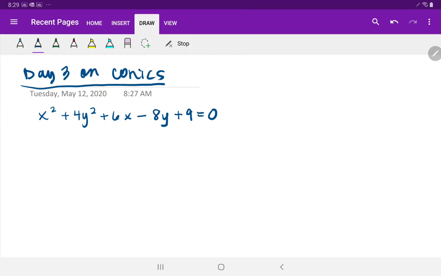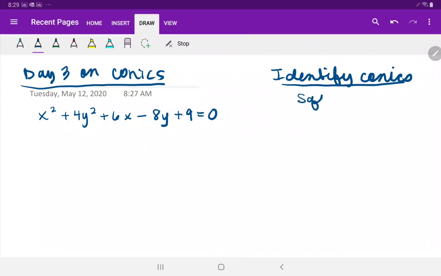Now, what we're going to have to be able to do also is identify conics so that you know which one you're working on, so that you know which format to get it in. So identifying conics is all about the squared terms.